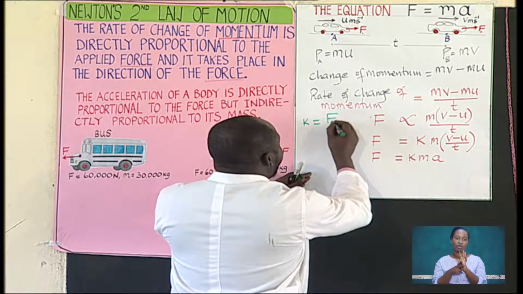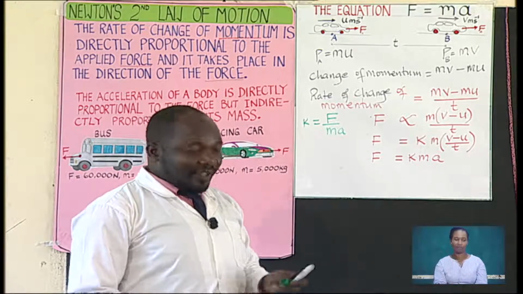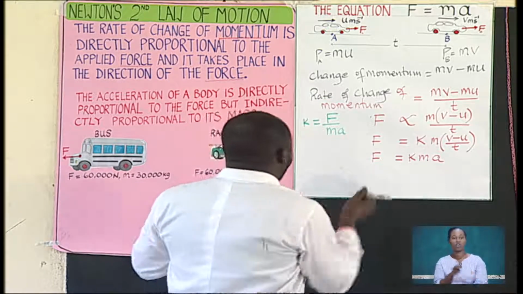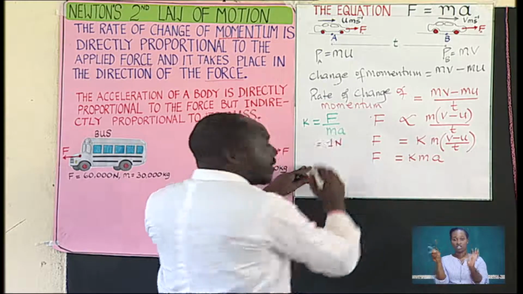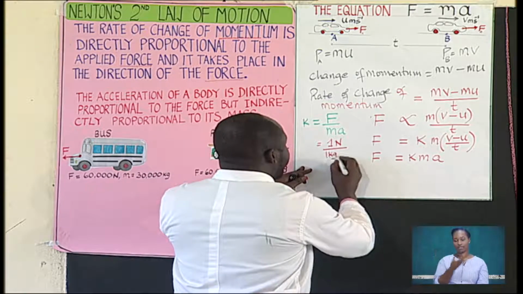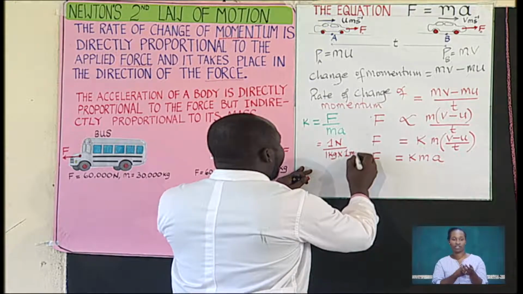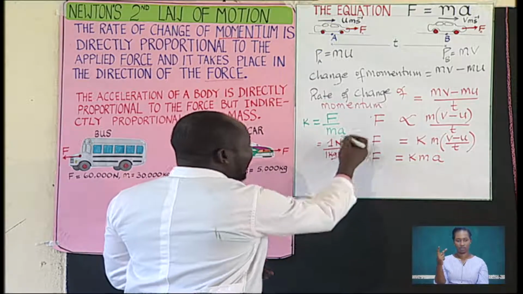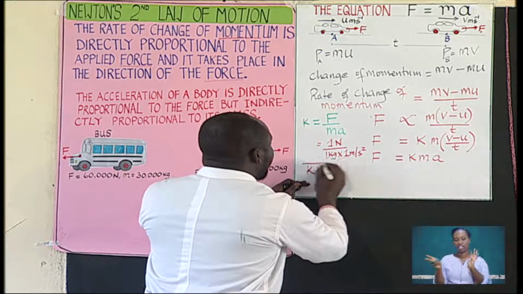So it is going to be F over MA, that is K. So if I apply a force, assume I have applied a force of 1 Newton on a body whose mass is 1 kilogram. That force will produce an acceleration of 1 meter per second squared. So these ones will cancel out each other. So we shall find that the value of K will be equal to 1.